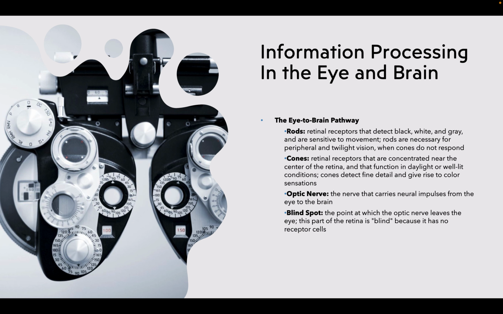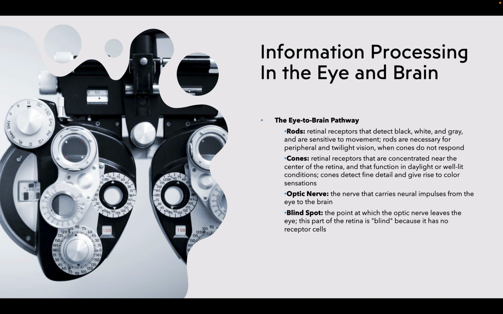These cells are the sensory receptor cells, which we talked about in chapter 2, and they have the axons attached to them. And so those axons make up the optic nerve.